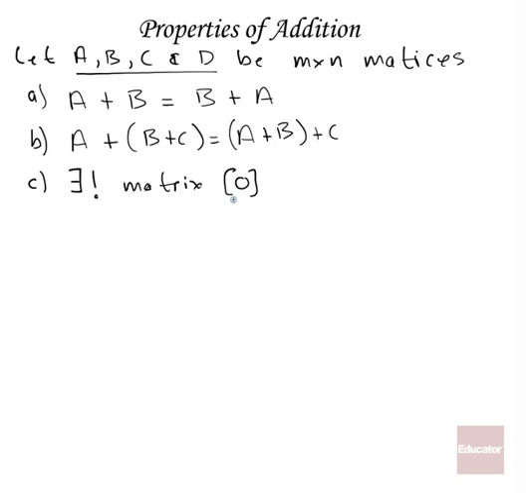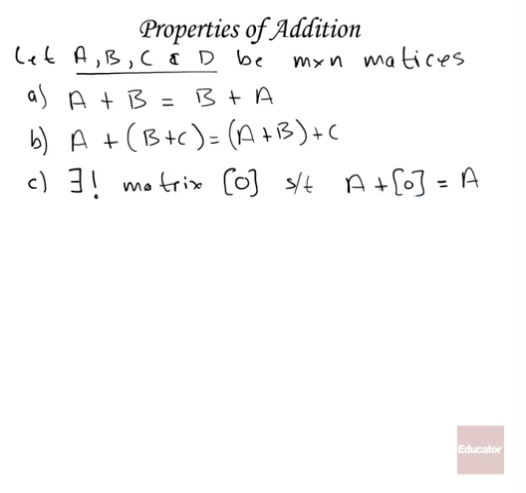So there exists a unique matrix 0 such that A plus the 0 matrix equals A. And this serves the same function in matrices as the 0 does in numbers. So in other words, 5 plus 0 is still 5. This is called the additive identity.